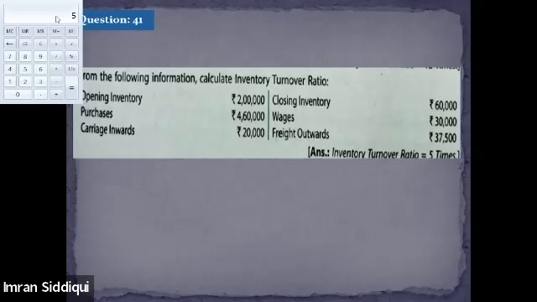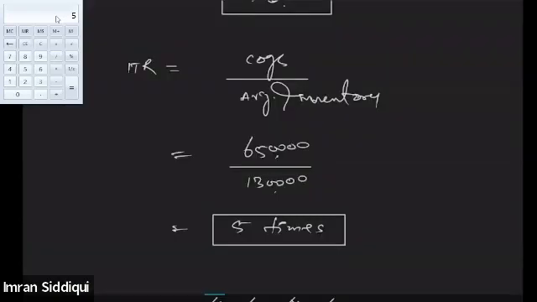You might have calculated it the wrong way. This is the right answer. 650 divided by 130, you will get 5. And dividing 6,60,000 by 130, the answer will be 5.0769. Yes, sir.